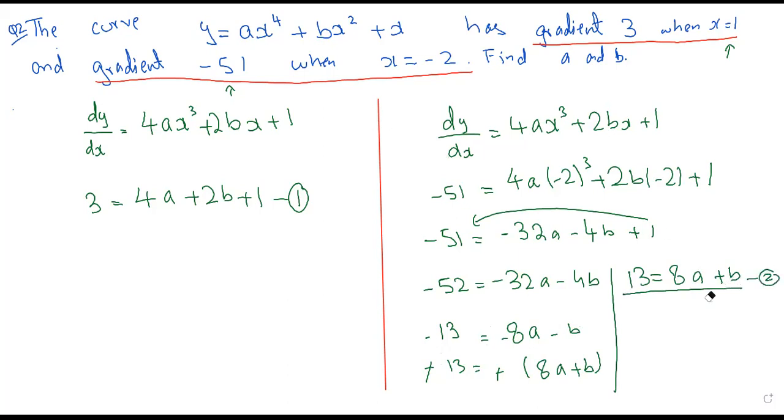Now I have two equations. I can solve them simultaneously in order to find the values of a and b. I'll make b the subject. b equals 13 minus 8a, and I can use this in the first equation.